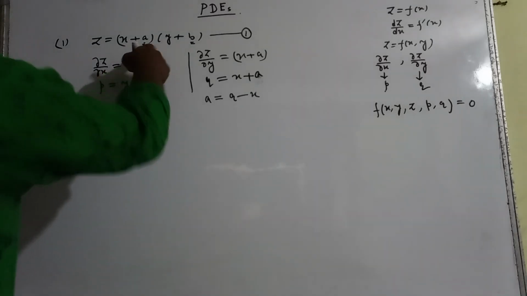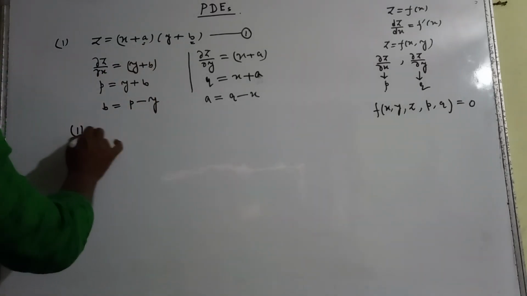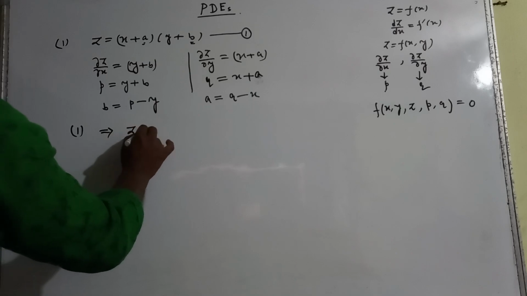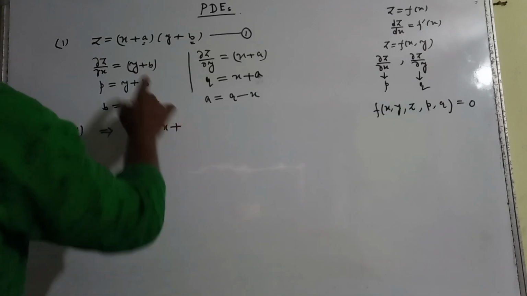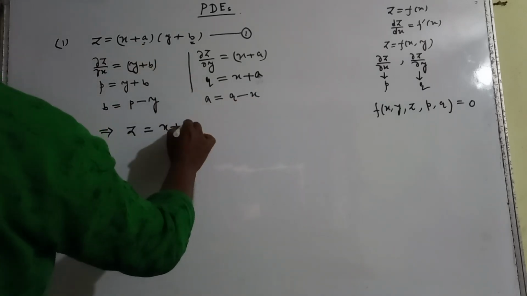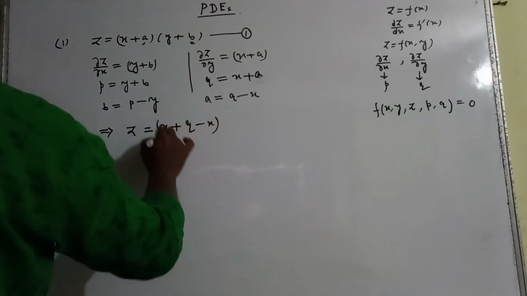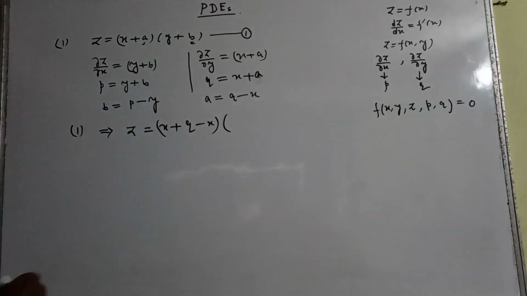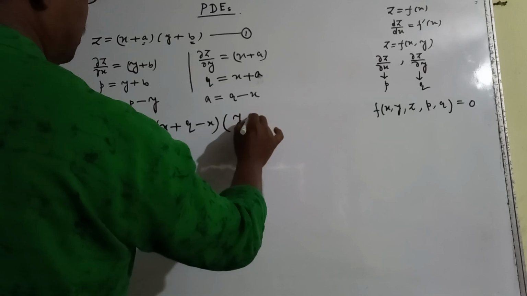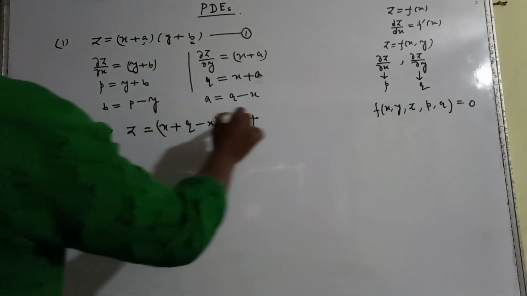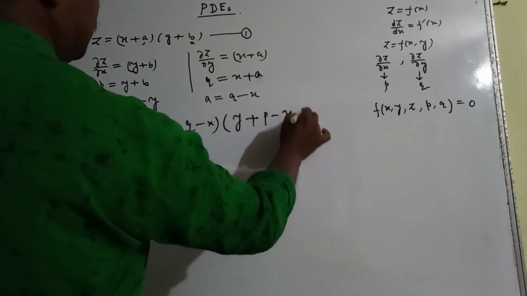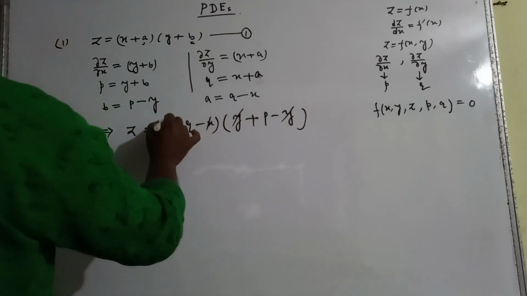Now substitute in relation 1. Then z equals (x plus a) into (y plus b). A means q minus x, and b means p minus y. So z equals (x plus q minus x) into (y plus p minus y). Then x cancels and y cancels.